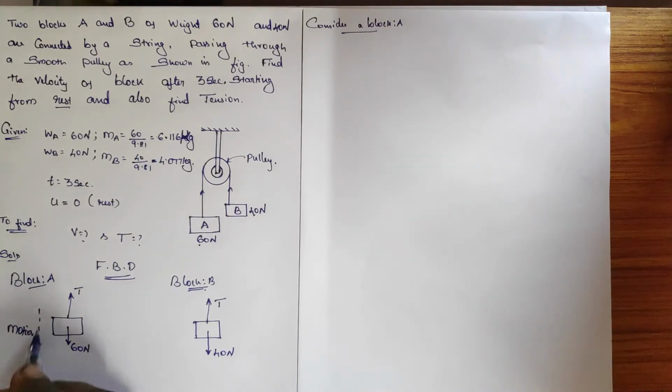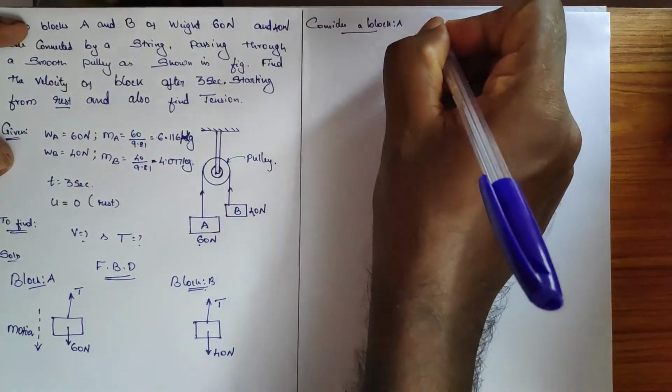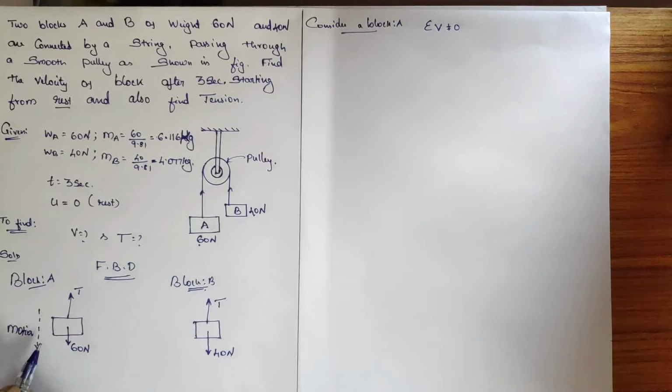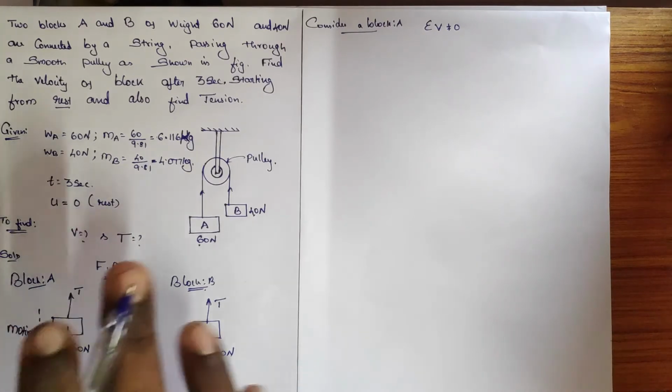That means if the motion is downwards, the sum of vertical force is not equal to 0, because the vertical force is not in equilibrium. That's why it is moving downwards. If it is in equilibrium, definitely it will stay at a particular place.